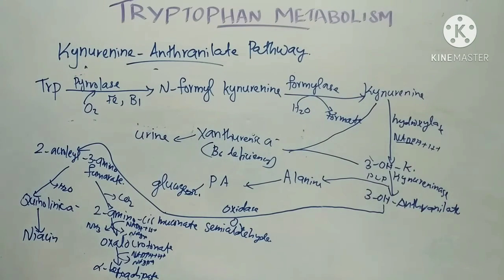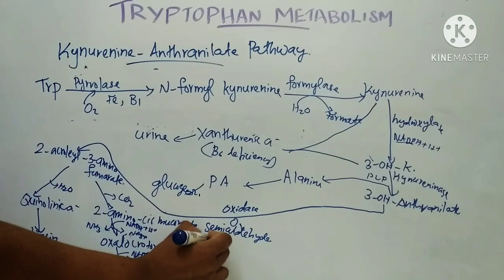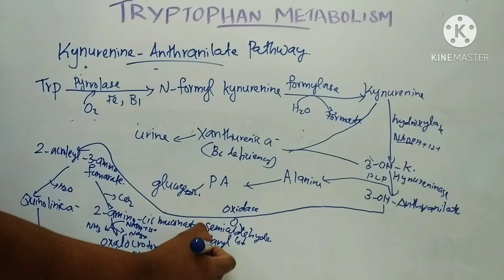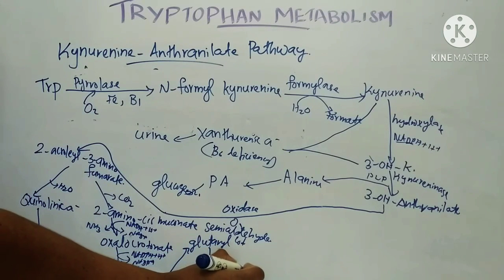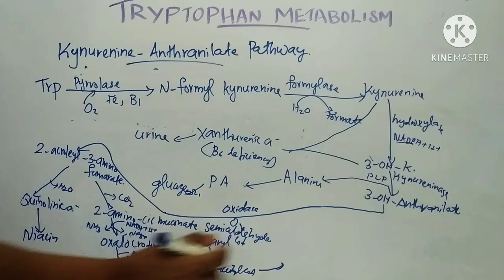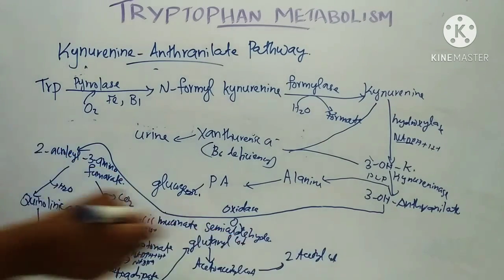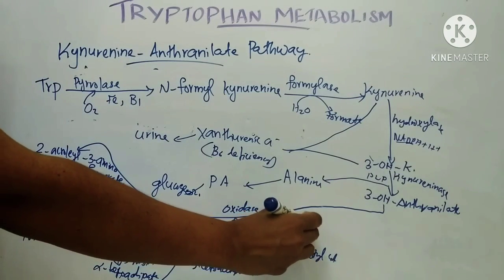This alpha ketoadipate is then converted to glutaryl CoA. Glutaryl CoA then forms acetoacetyl CoA. From acetoacetyl CoA, 2 molecules of acetyl CoA are formed. So tryptophan is ketogenic.